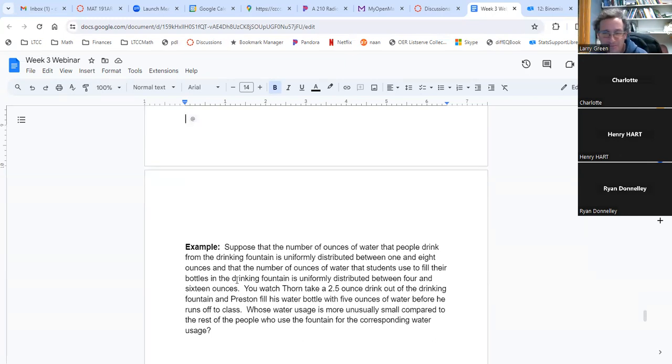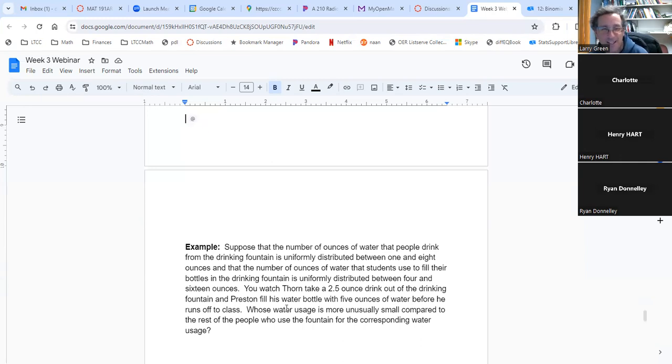Does that make sense? So those number of ounces is going to be between 4 and 16 ounces. 4 because it might be the small bottle, or maybe it's already half full, so they don't have to put much in.